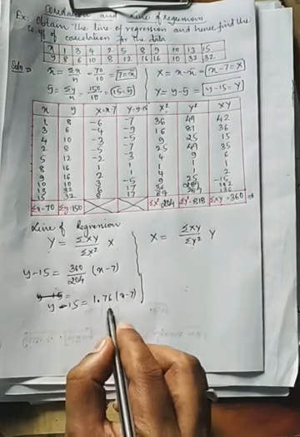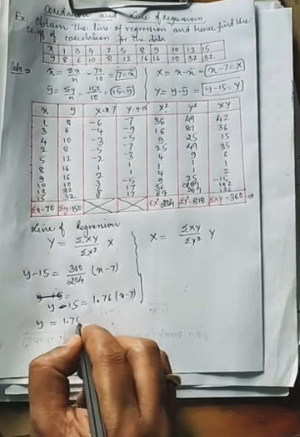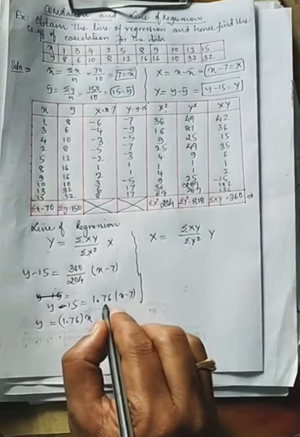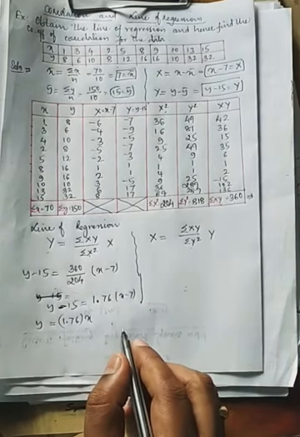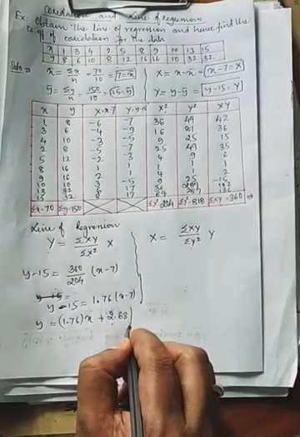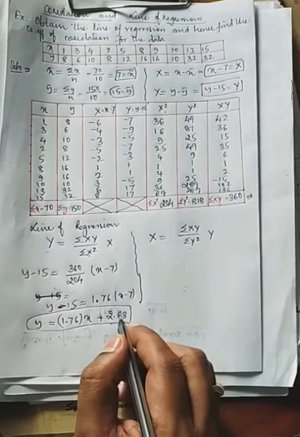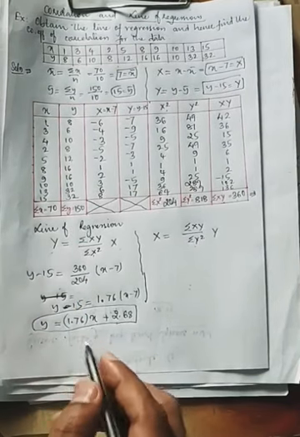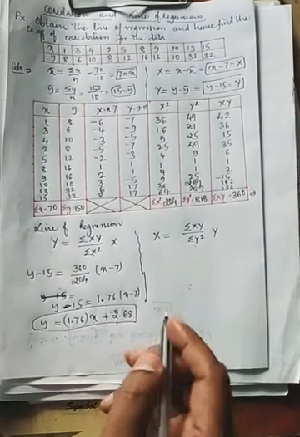Then with simplification, y is equal to 1.76 times x, minus 7 into 1.76, and sending minus 15 to the other side it becomes plus 15. Then the overall constant will be plus 2.68. So this is the formula of y. This is the line of regression of y on x, and the coefficient of x is 1.76, a positive coefficient.